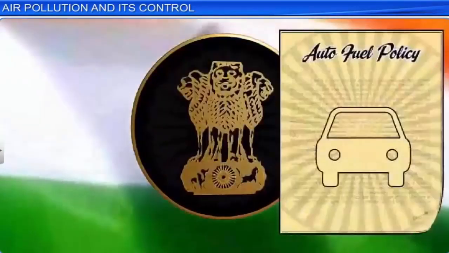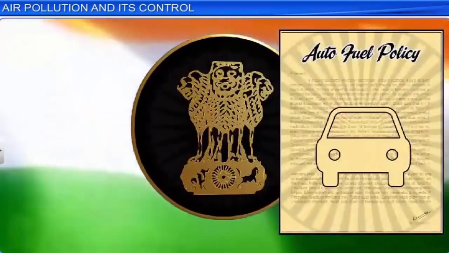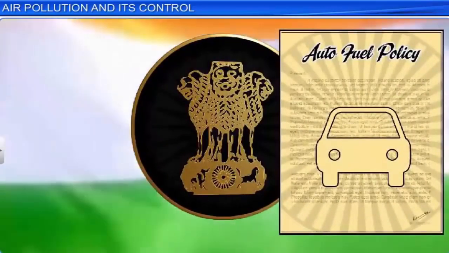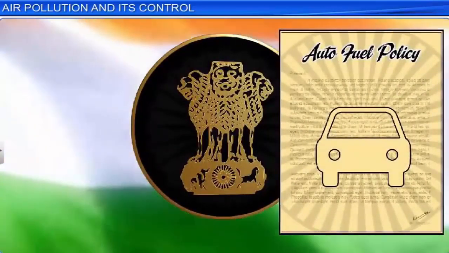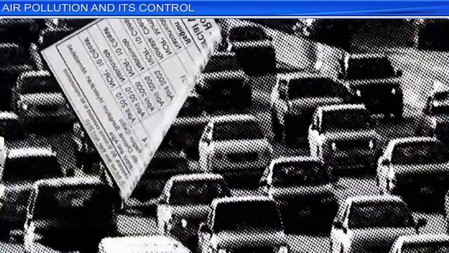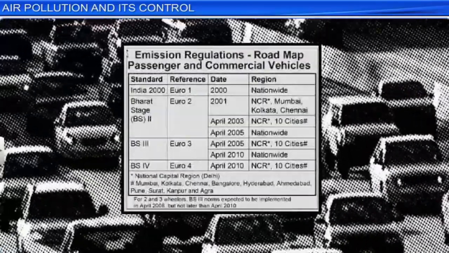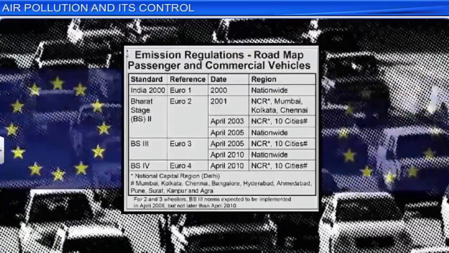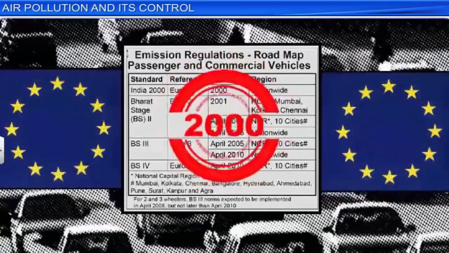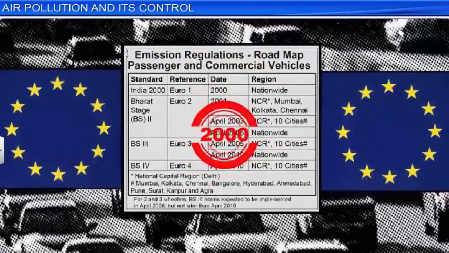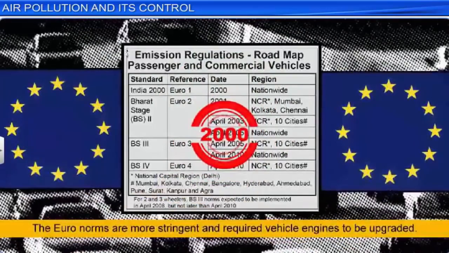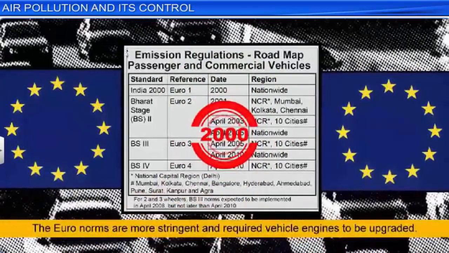Moreover, the Indian government formulated a new auto fuel policy to reduce vehicular pollution in other cities as well. This policy was based on the European standards or Euro norms and took effect in 2000. These norms are more stringent and required vehicle engines to be upgraded.